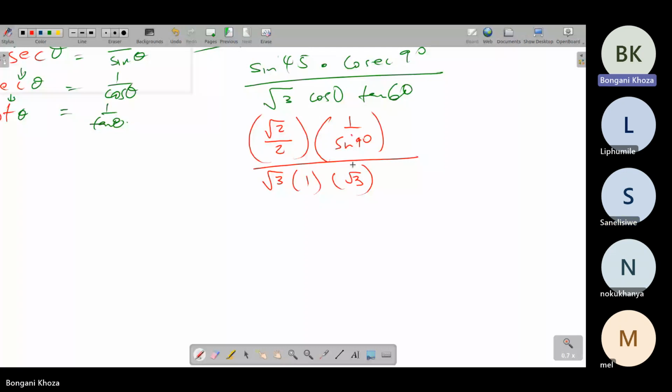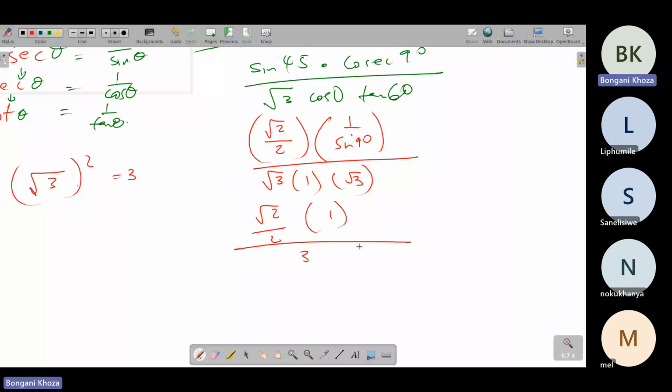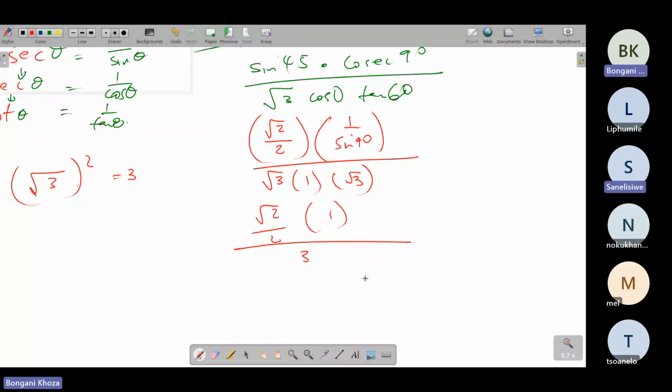So square root 2 over 2, and this is 1 over square root 3 times square root 3, which is squared, so this ends up being just 3. All of this in the denominator is just 3. Continuing to simplify, you end up with square root 2 over 2 times 3, which is square root 2 over 6. That's your answer.